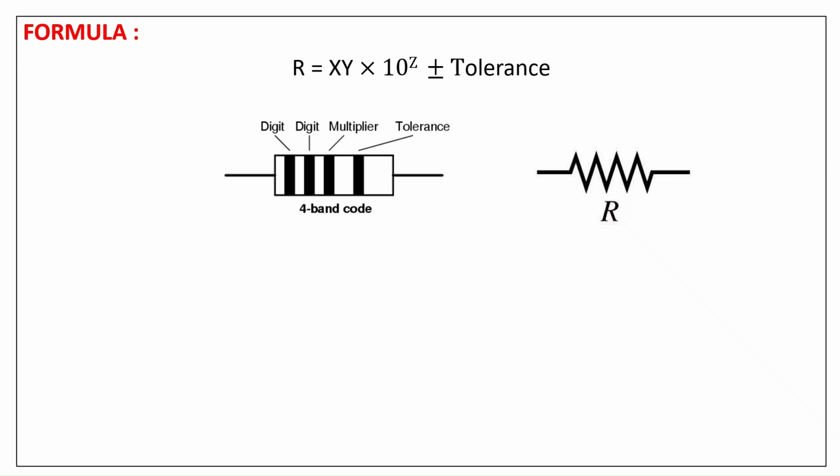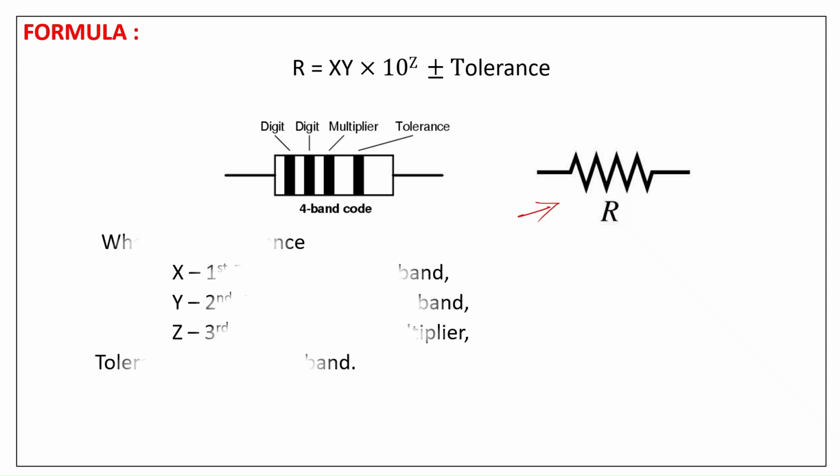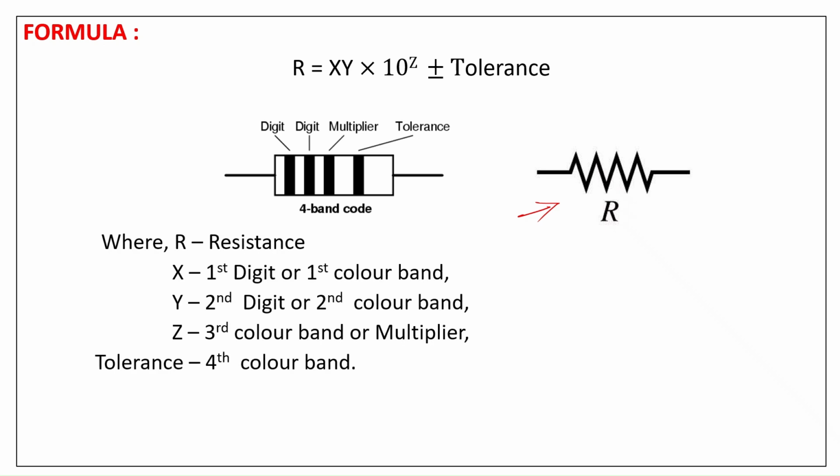Symbolically, resistors are written as shown in the diagram, where R is the resistance of the resistor, X is the first digit or the first color band in the resistor, Y is the second digit or the second color band in the resistor, Z is the third color band or multiplier in the resistor. Tolerance is the fourth color band of the resistor.